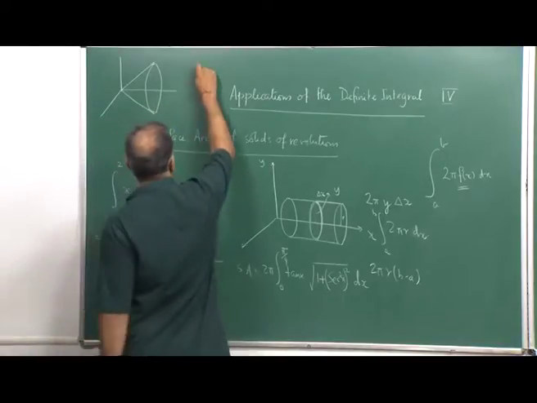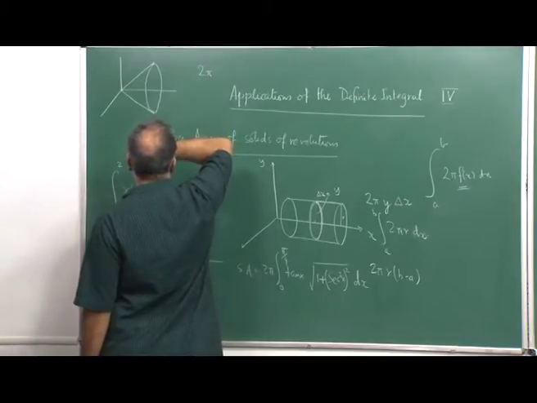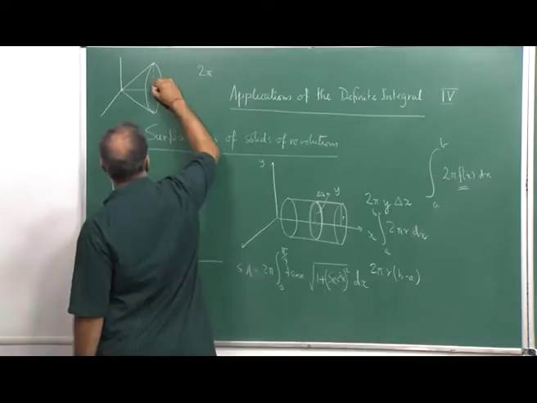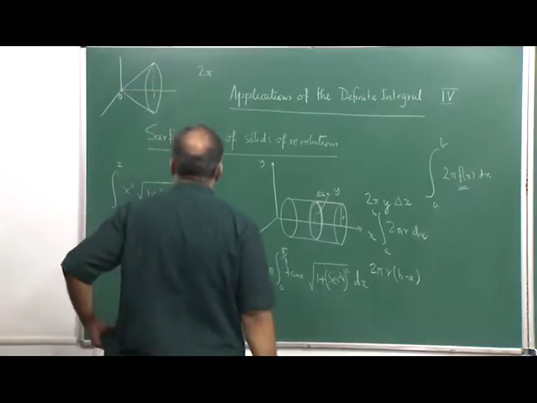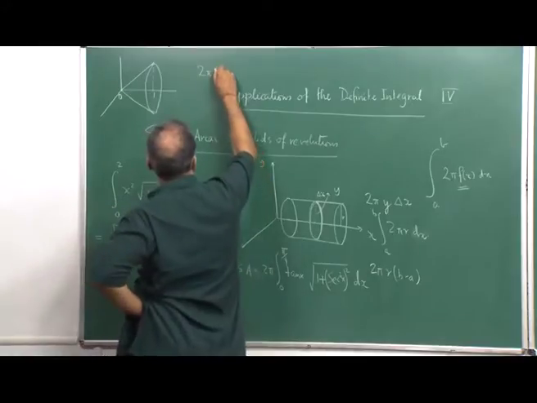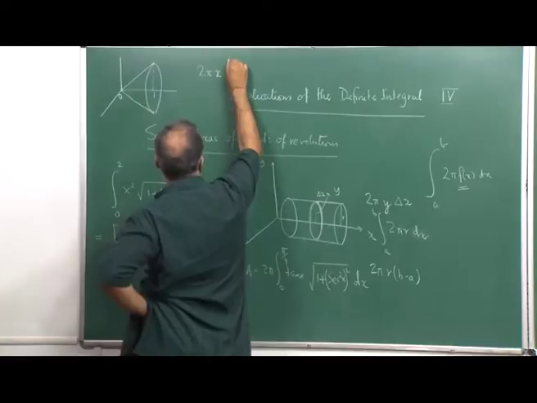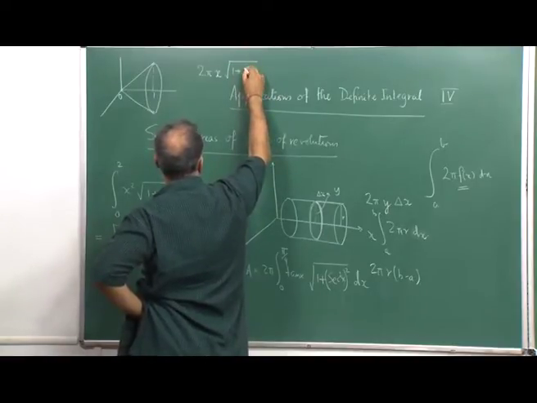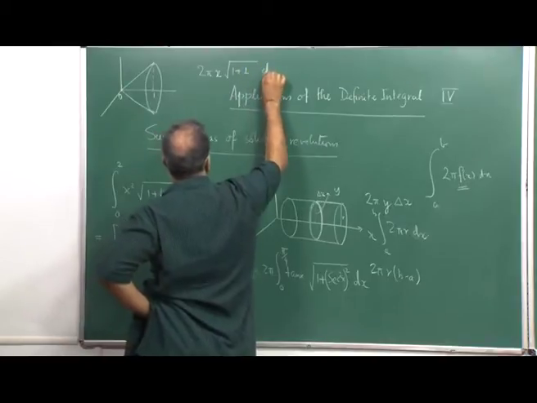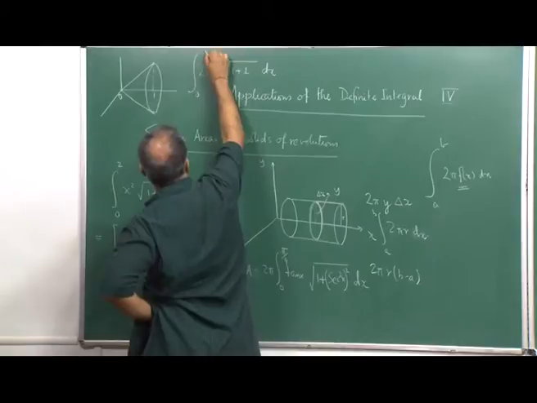So, it is 2 pi integral 0 to 1, 2 pi f x, which is x, root over 1 plus f x square, which is 1, dx from 0 to 1.